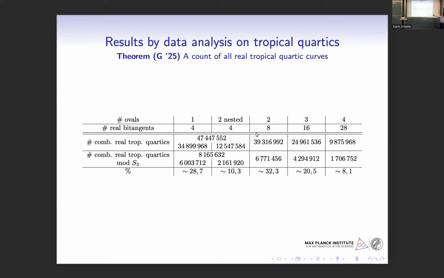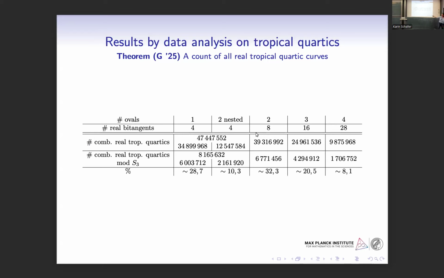So maybe forget the first line, just look at the second one for the moment, because this is up to S3 symmetry. If you count together all these big numbers here, you should get 1,278 times 2 to the power 14. And out of these, you see like 1 million something have combinatorial type 4 ovals and 28 real bitangents.